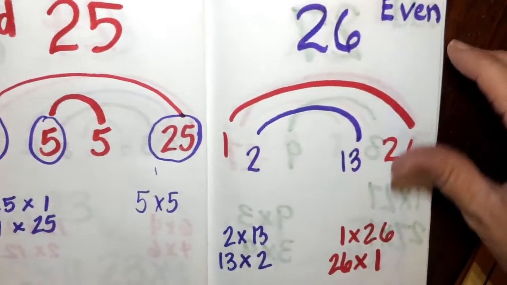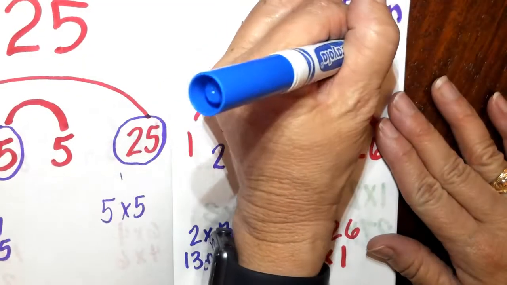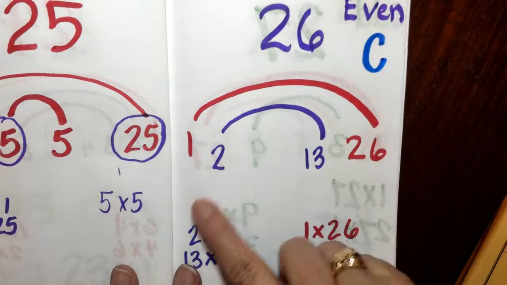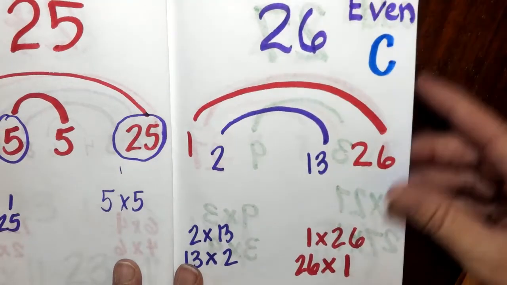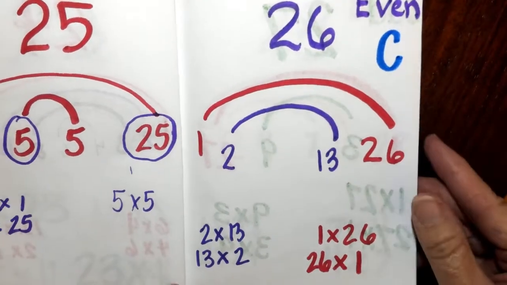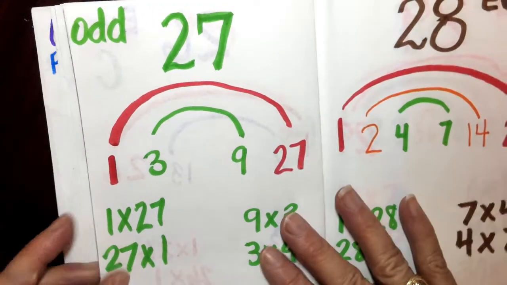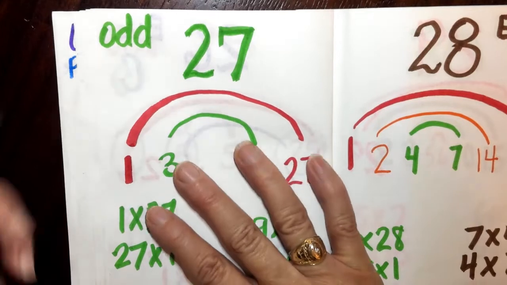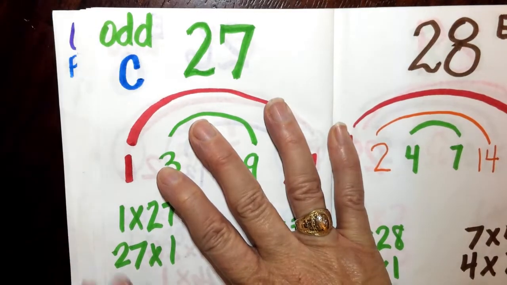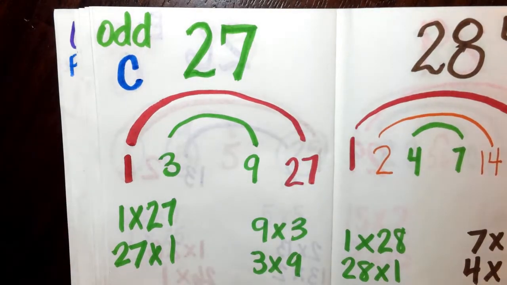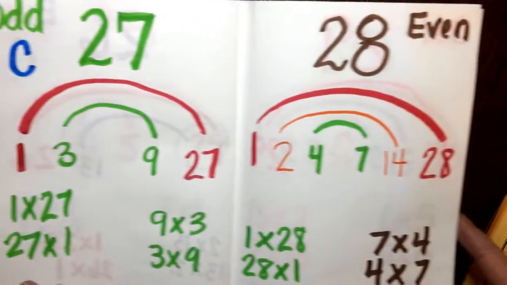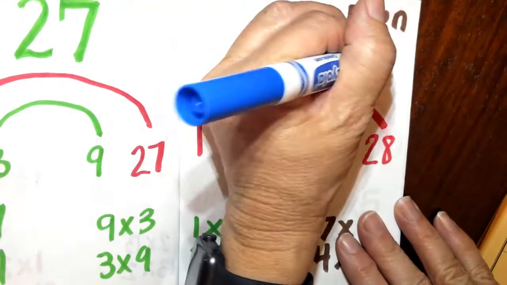Looking at the number 26, again even, we know it's composite and it has multiple factors. The number 27 has many factors too. It is also composite. The number 28 is even, again, composite.